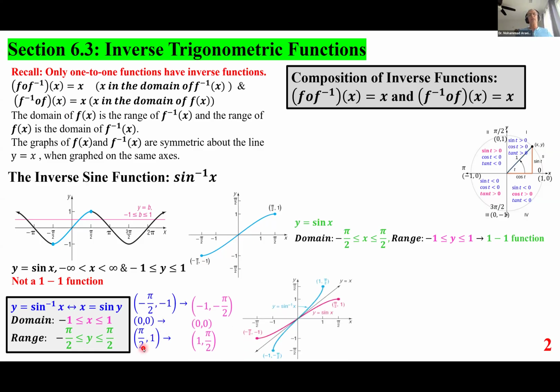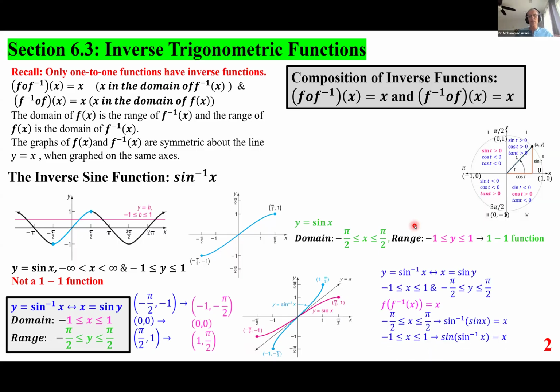And if you graph it, now the two functions are inverse functions, symmetric with respect to the line y equals x. And we write y equals sine inverse of x means x equals sine y, as it was mentioned here. x is between negative 1 and 1. y is between negative π/2 and π/2. The endpoints, by the way, are included.